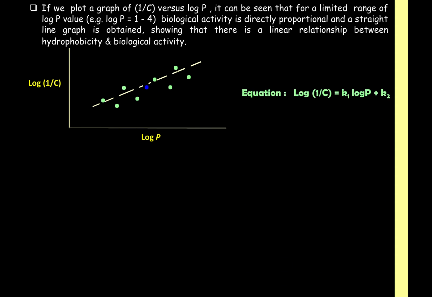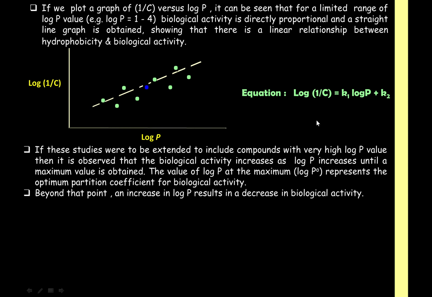So you can express it in a very simple straight line equation: y equals mx plus c, where c is the intercept, m is the slope, x is the variable, and this is y.